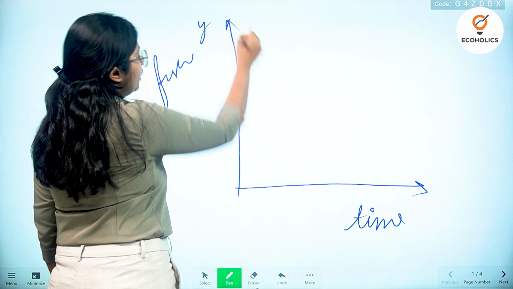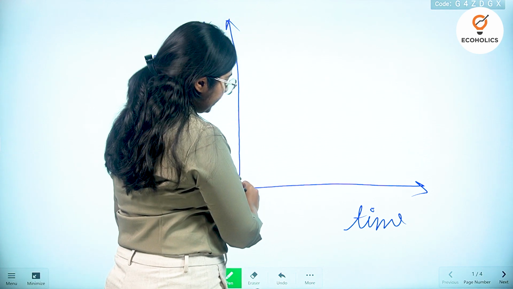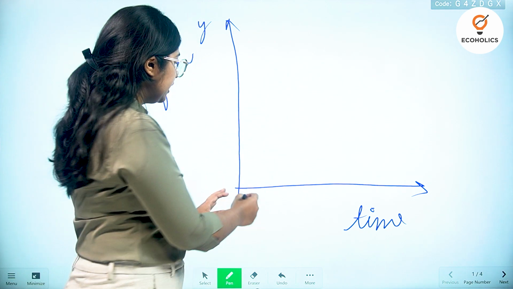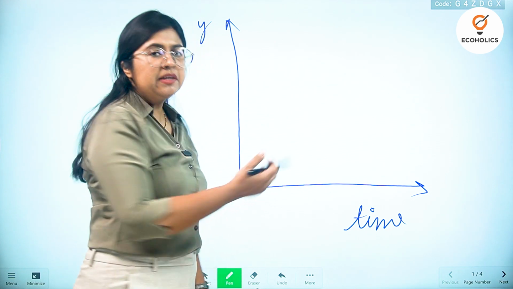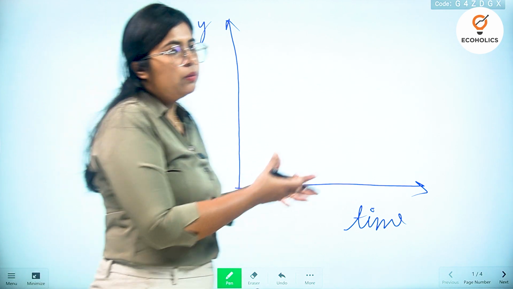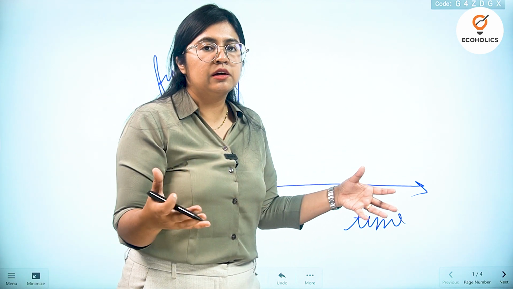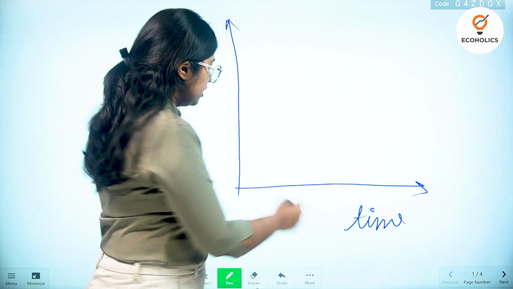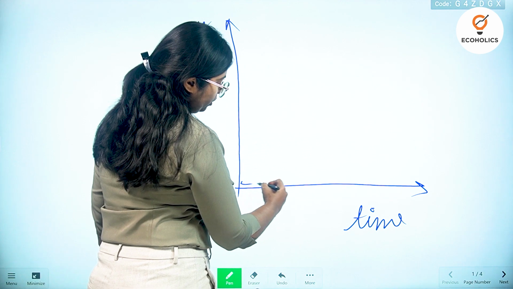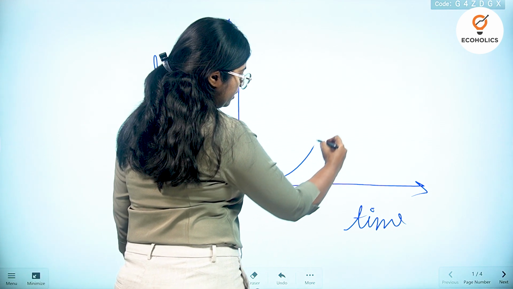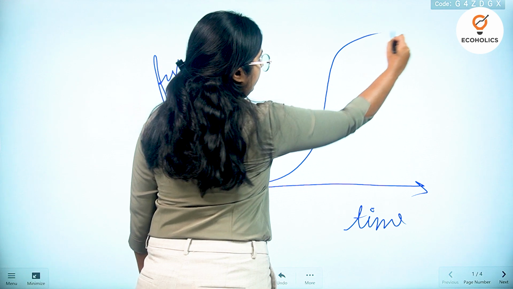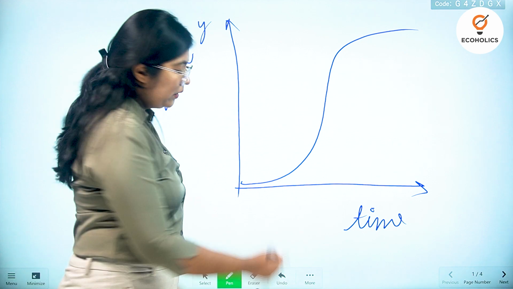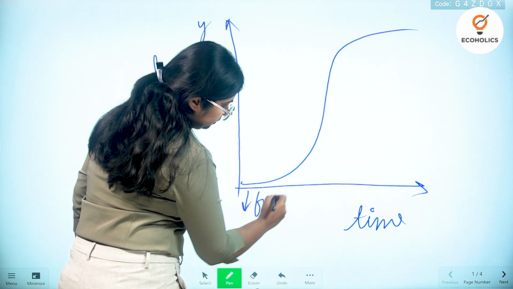Initially, at time 0, there will be 0 fish, because the biological clock will take some time for the fisheries to increase. So let's say it starts from 0 and then it has a curve and then again a flatter curve. Here we start with less fish.